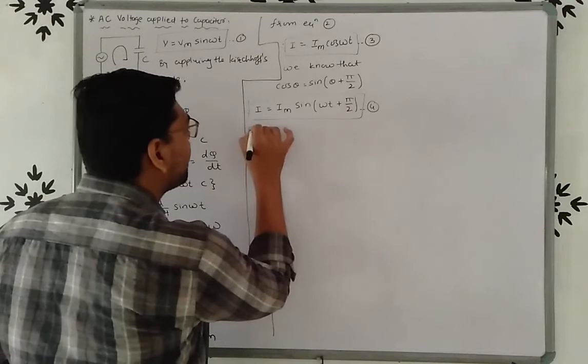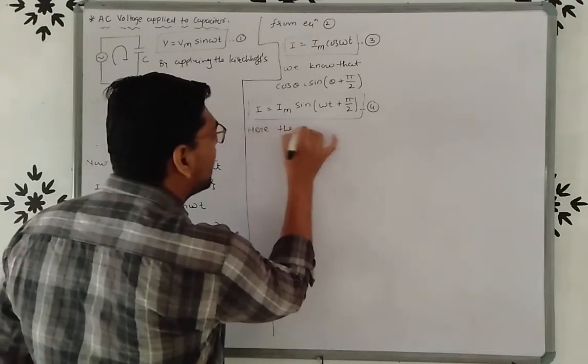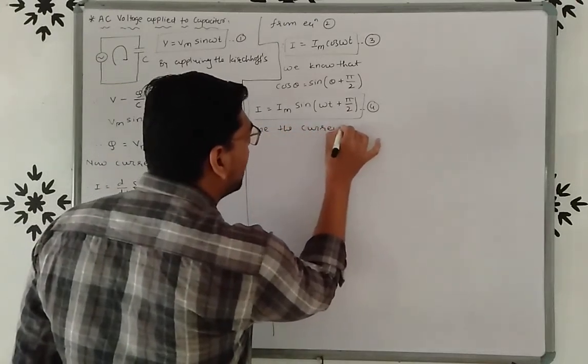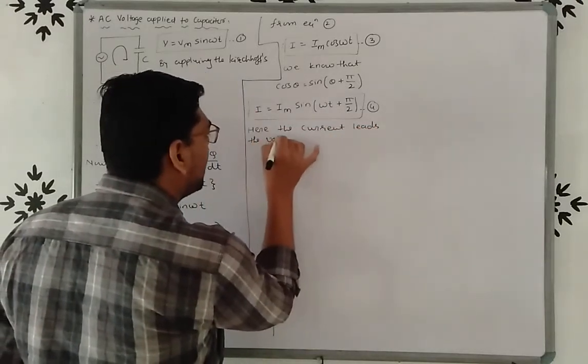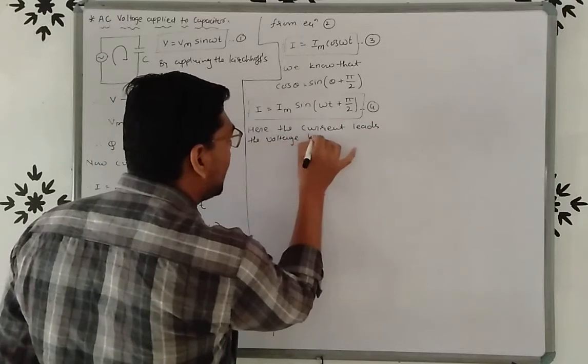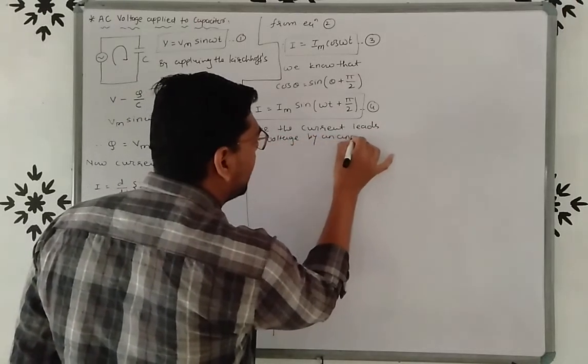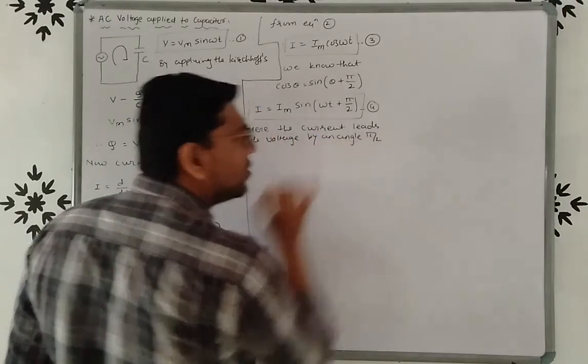So here the current leads the voltage by an angle pi by 2, right?